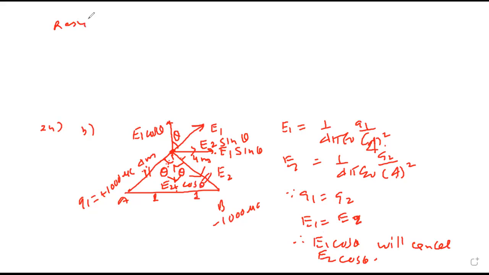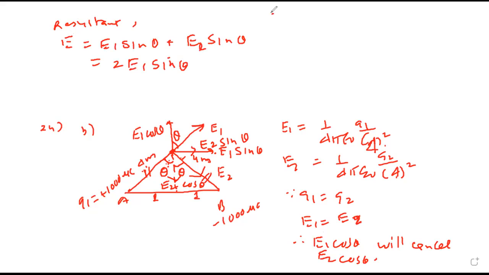So the resultant will be E1 sin θ plus E2 sin θ. E1 and E2 are the same, so 2 times E1 sin θ. E1 is 1 upon 4 pi epsilon naught, charge Q1 upon 4 square. Sin θ is the opposite side 1 upon hypotenuse 4.